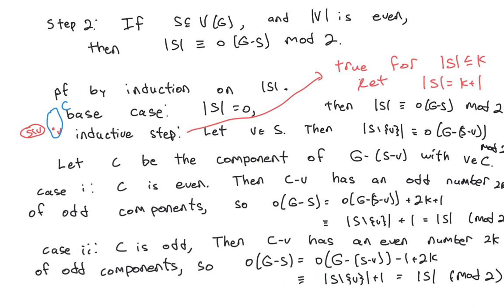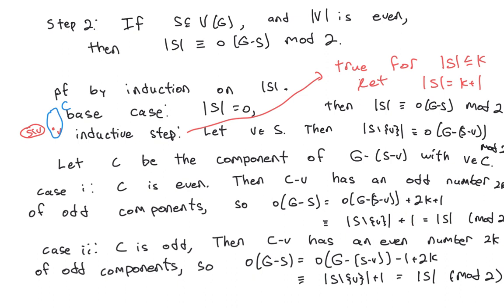But notice when you're working mod 2, the 2k can be removed, and we already know that the number of odd components of G minus S take away V is equal to the size of S take away V mod 2, and these two numbers add up to be the size of S.